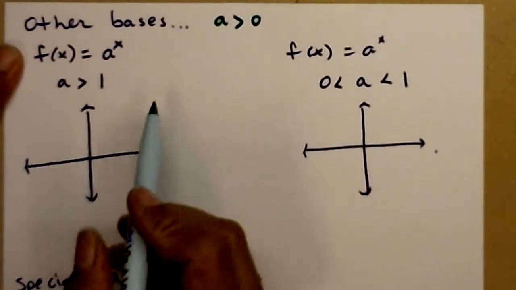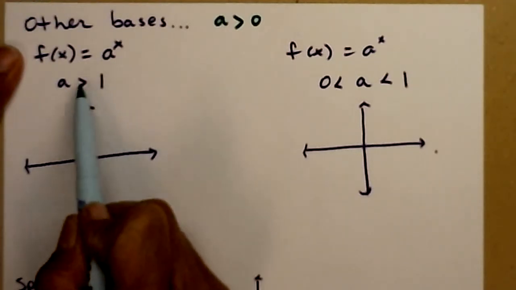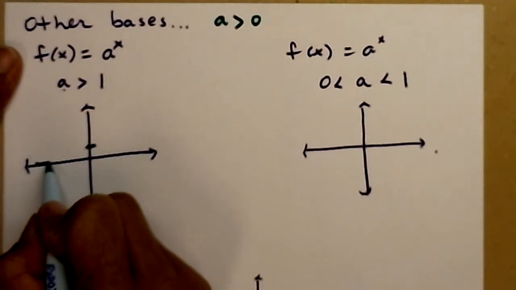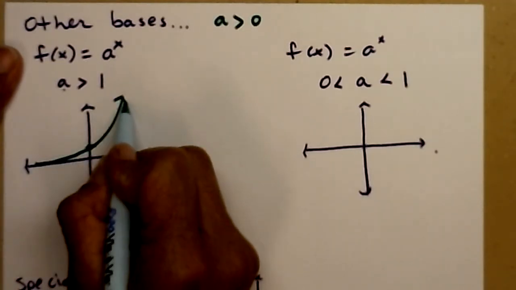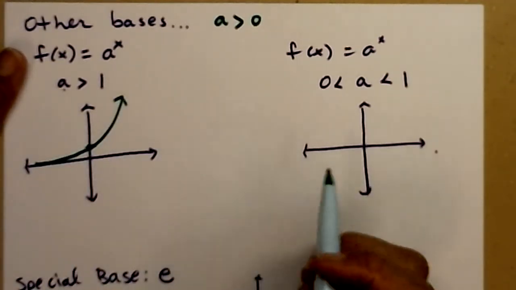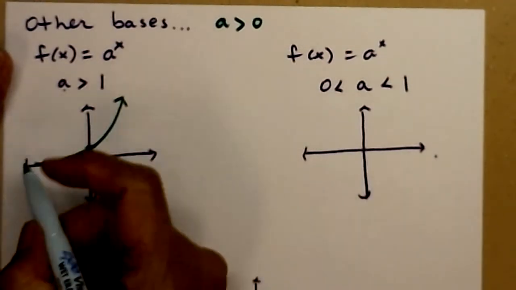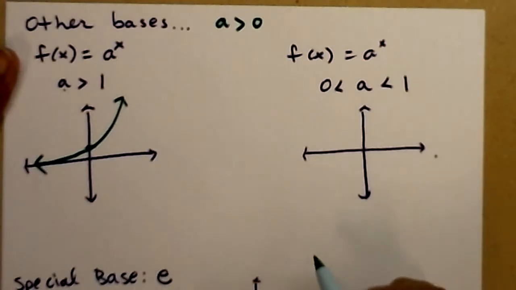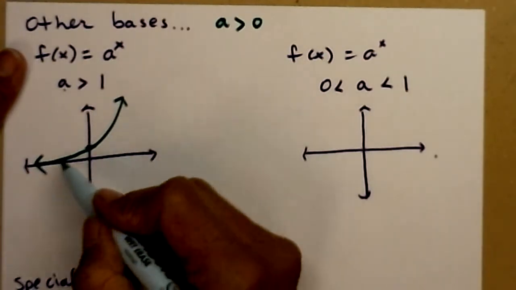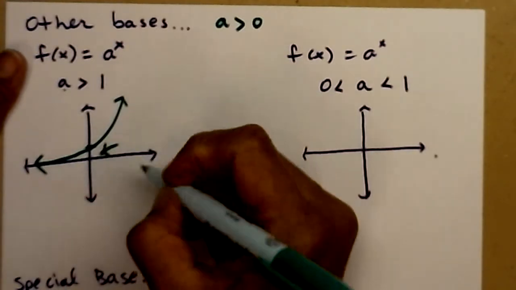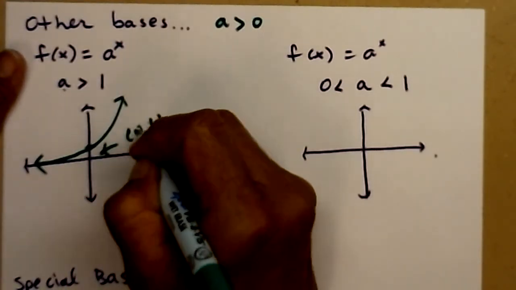Okay, so any other base that's bigger than 1, its graph looks just like our 2 to the x graph. Now, it might be steeper or flatter, I guess those are the options, but it has the same basic shape, the same domain, the same range, and the same y-intercept at 0, 1.